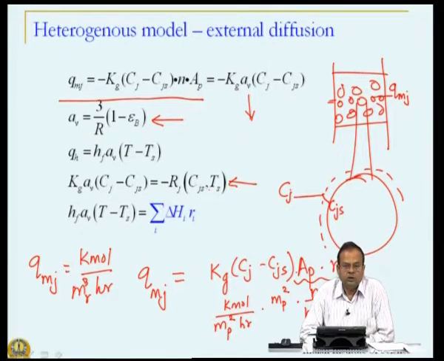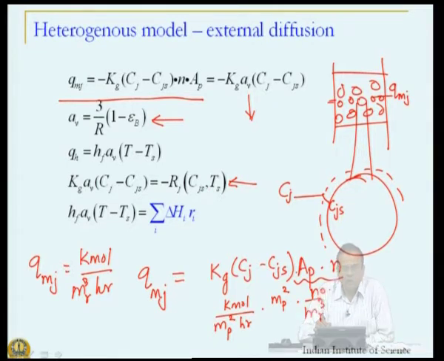What about energy balance? We will do the same thing, that is, energy transported to the surface must be counterbalanced by the heat effect of the reaction, and therefore, we say that QH, just as mass transfer QMJ was given by this particular term, QH is given by HF, that is the heat transfer coefficient, times AV, that is the particle surface area per unit volume of the reactor, multiplied by T minus Ts, where T is the bulk temperature, Ts is the surface temperature, and what this must be equal to?